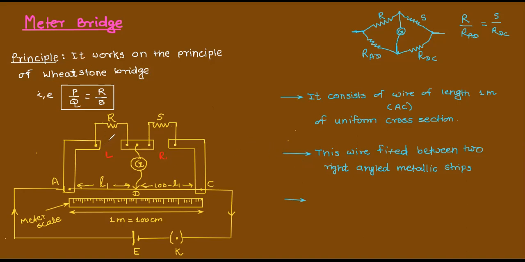In the left gap, unknown resistance is connected, and in the right gap, known resistance is connected. Okay, what am I writing?